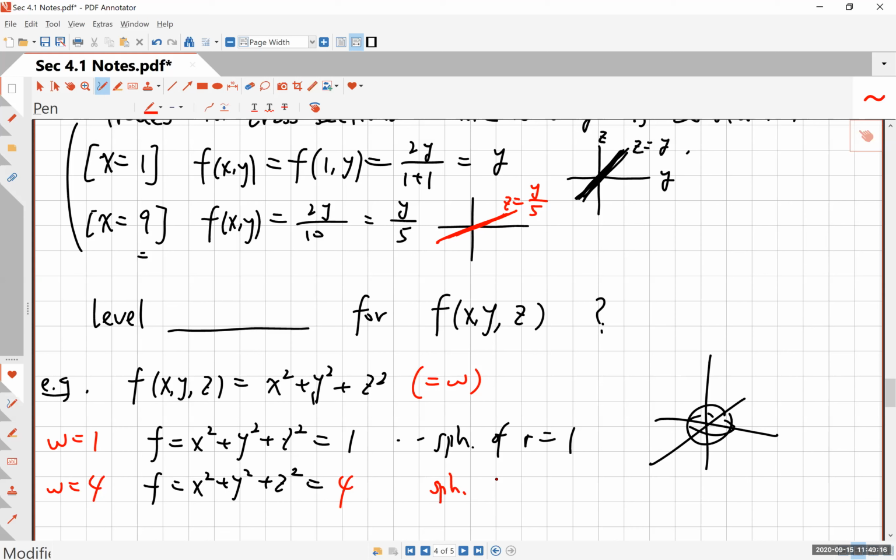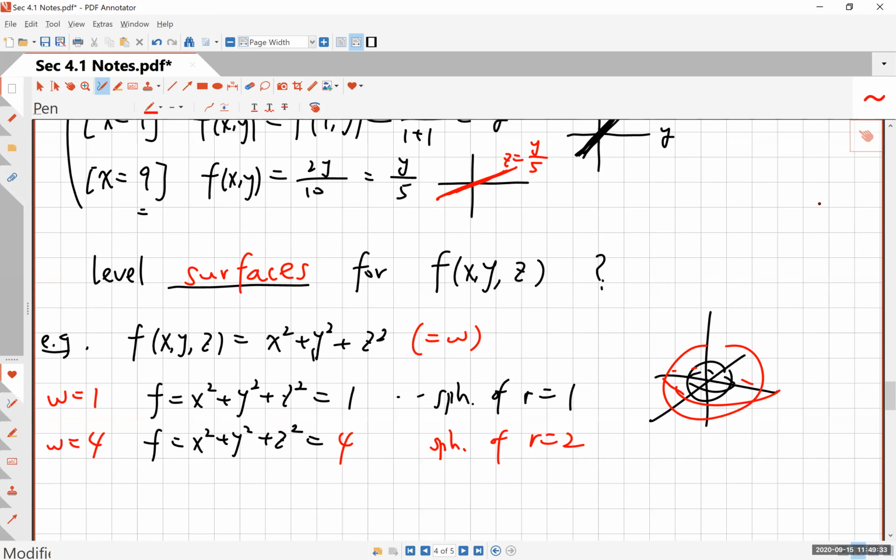And that's a sphere of radius 2, which is like this, okay? So what you get is not level curves, but level surfaces. So when you have functions of 3 variables, x, y, and z, you don't talk about level curves, but you have to talk about level surfaces.